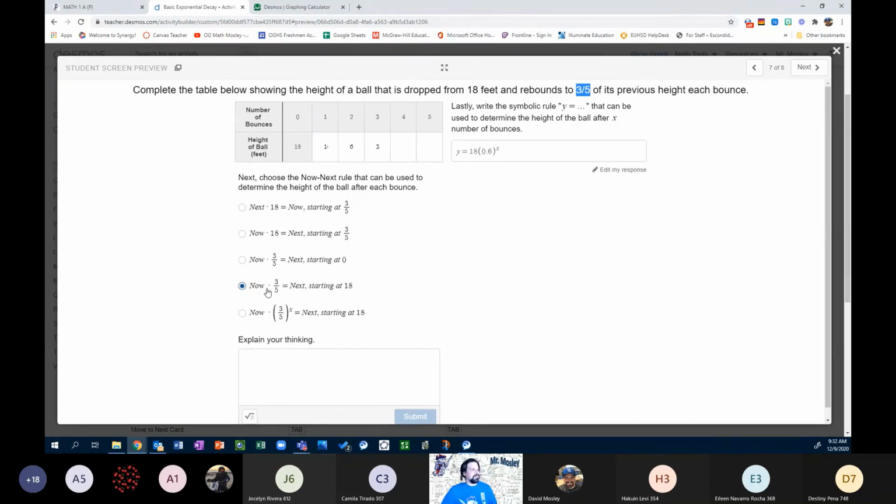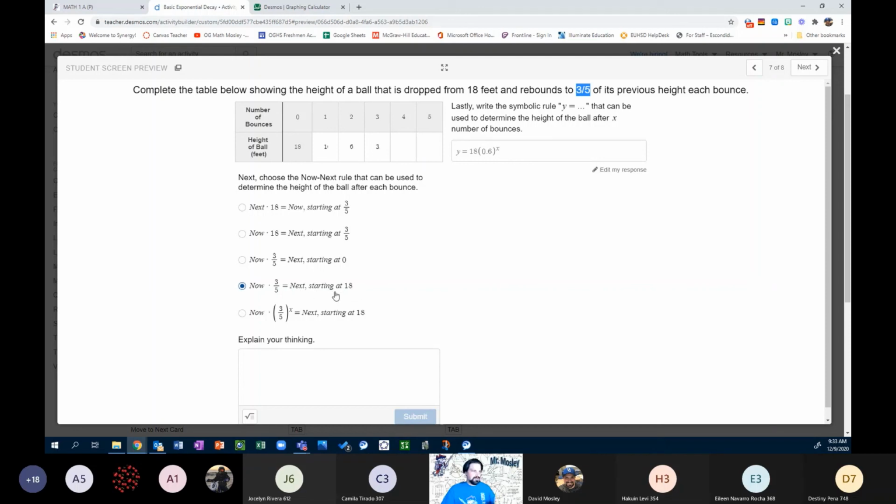I used the fraction in your options. So it's now times the thing that's being multiplied, 3/5, equals next. So if I multiply 18 times 3/5, I'll get the next value. That's why we say now next. I use the value I know now, do this thing to it, and it gets me the next value.